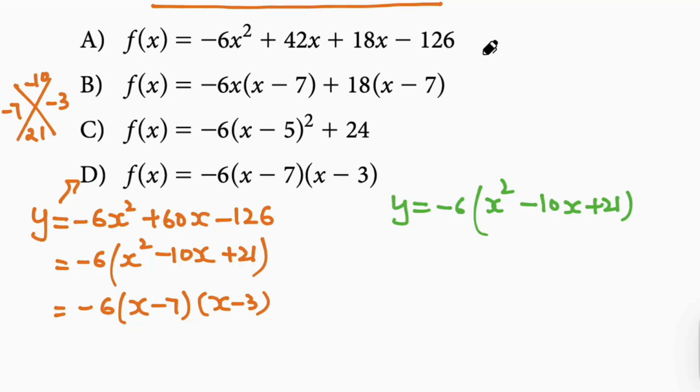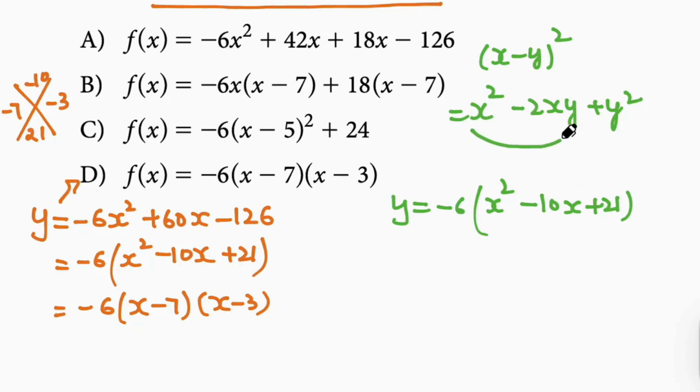So if you do completing the square, let's say this is my equation. x squared minus 2xy plus y squared, this is the identity, right? This much part is given to us, which is x squared minus 10x. Now let's break it. x squared minus 2 times 5 times y.